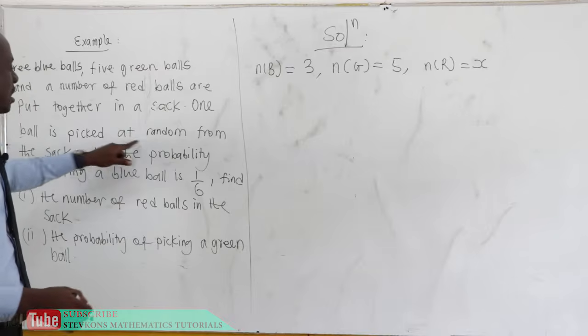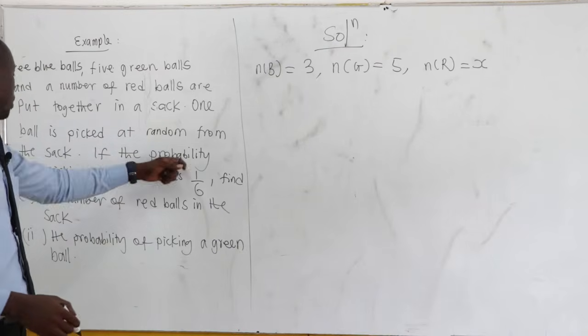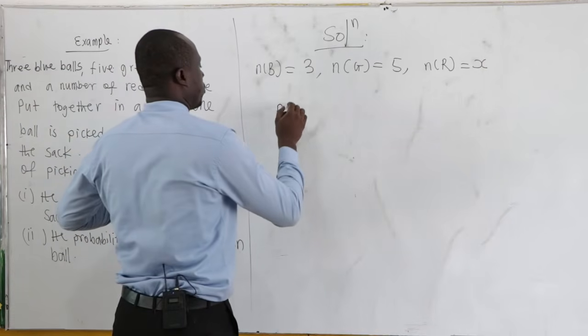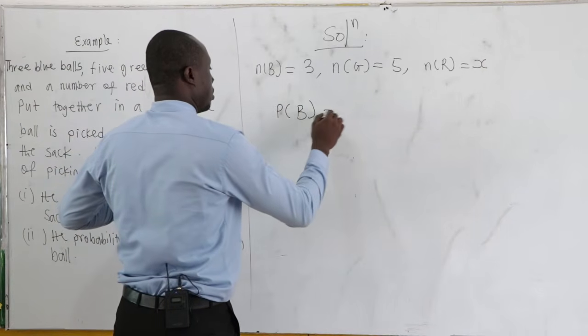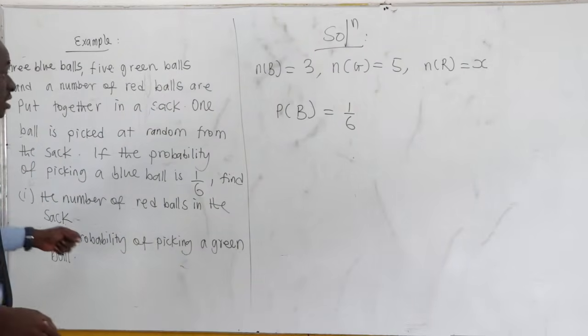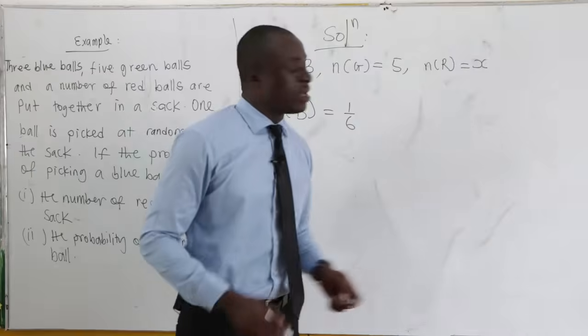One ball is picked at random from the sack. They've given us that the probability of picking a blue ball is 1 over 6. We define the number of red balls in the sack as X.